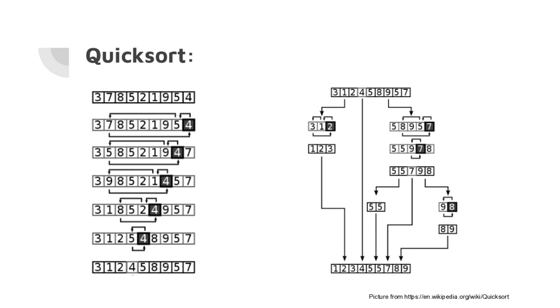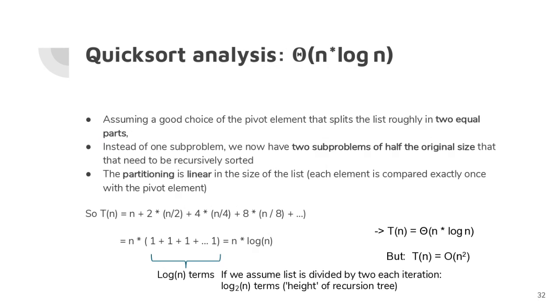And that was illustrated here. So what's the analysis of Quicksort? This is where it gets interesting, because before with selection sort, we had an average runtime of n squared, and now the runtime is n times log n.